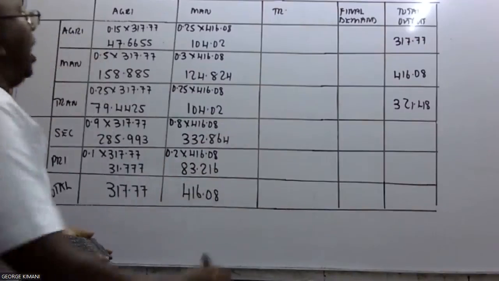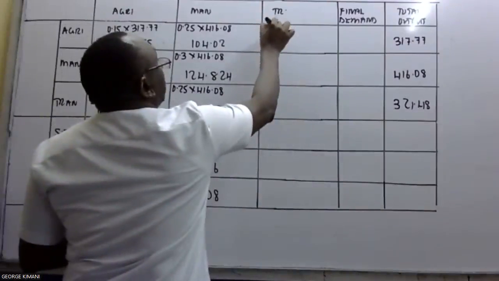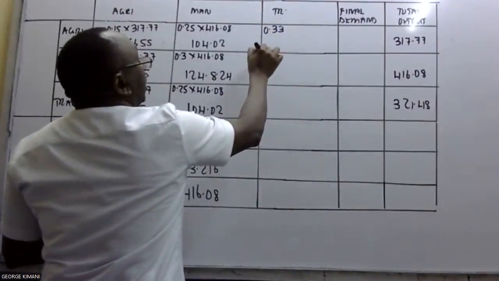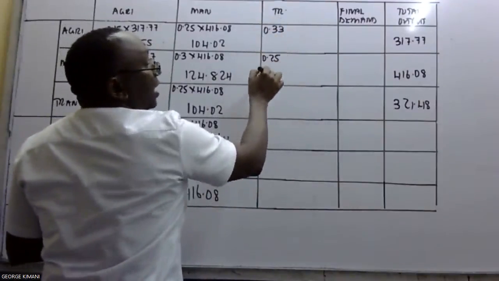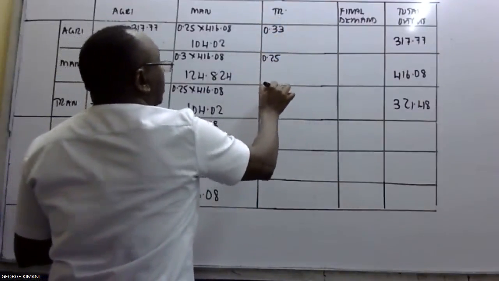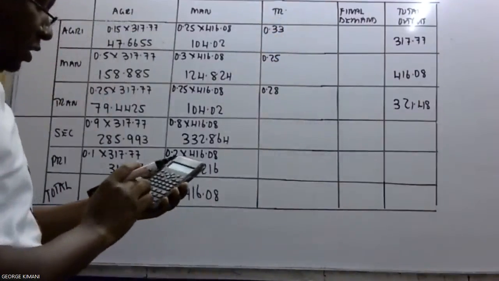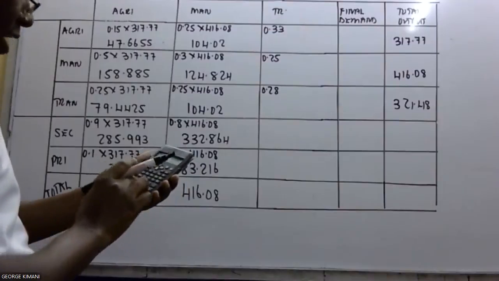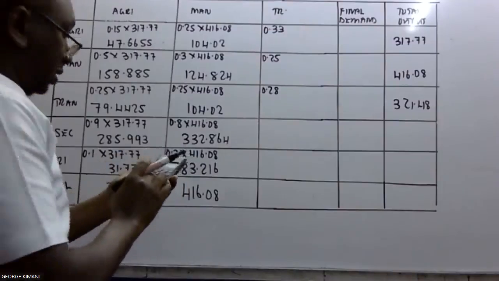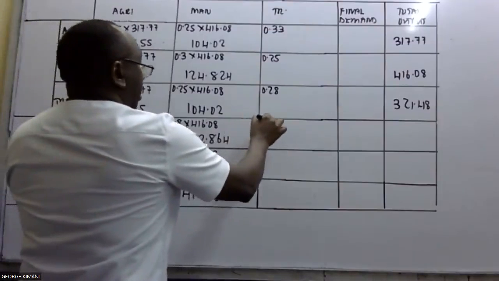Yes. Okay. This one, we had 0.33, 0.25, 0.28. When you add 0.33 plus 0.25 plus 0.28, it is 0.86.